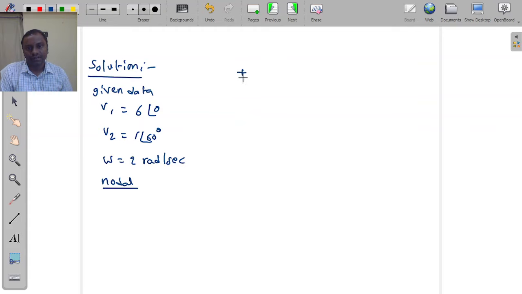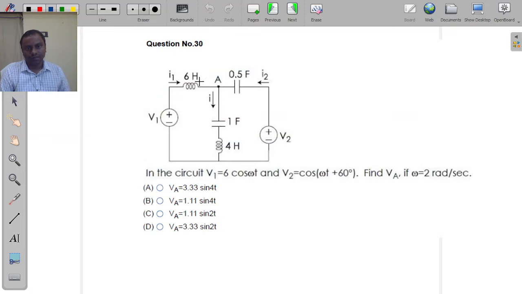Now the given circuit will become, this is V1, the inductance will become J12, since omega L is 6 into 2 equals 12. Similarly for the capacitor, 1 by omega C is 1 by 0.5 into 2, 1 by 1 is 1, and 1 by 1 into 2 is 0.5.